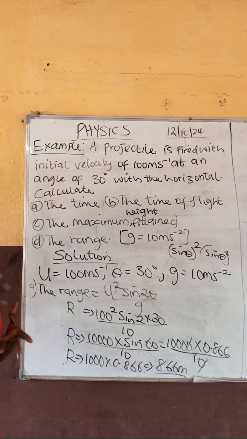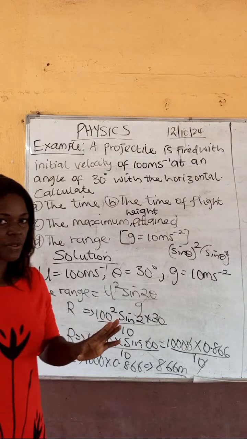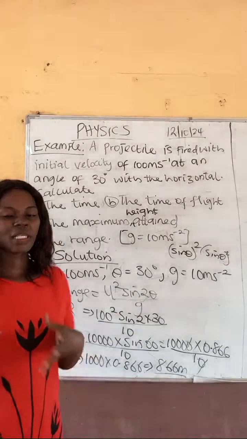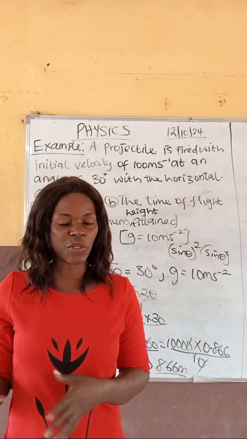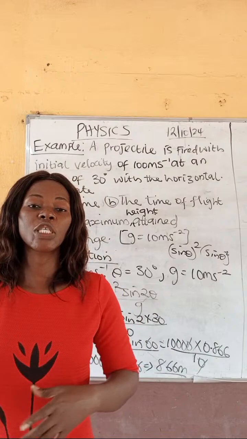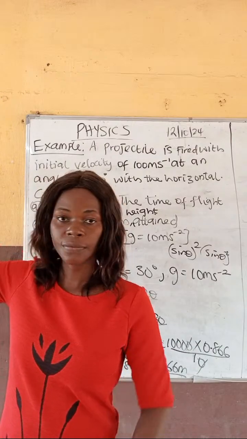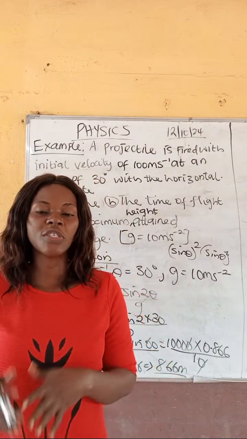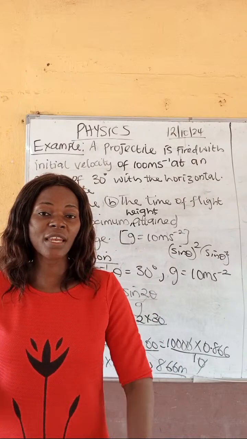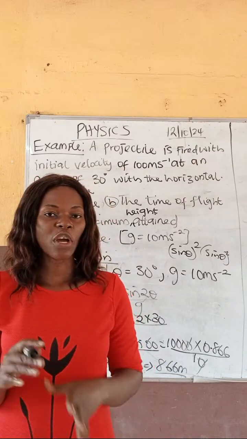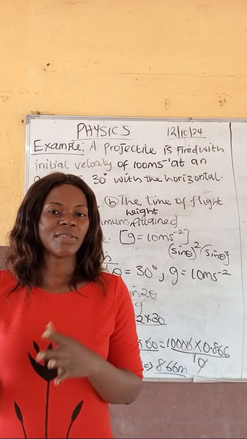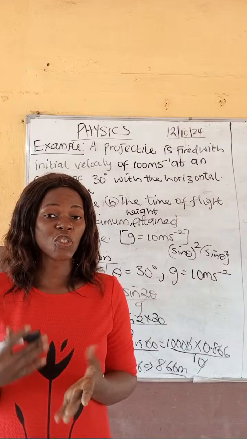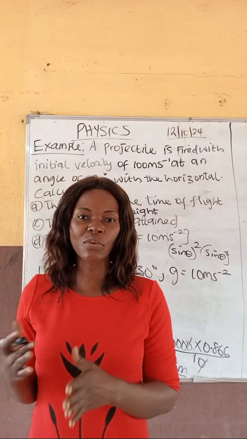So this is how we can solve problems on projectiles. I hope you understand this now. Now, projectile can also come in the form of horizontal and vertical projection. That is a situation whereby an object is projected vertically, right? And also a situation whereby an object is projected horizontally. So I'm going to treat the two concepts so that when a question is given to you, you understand where the question is actually going.